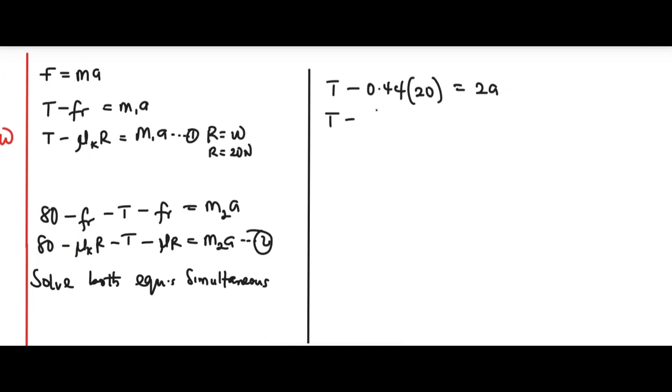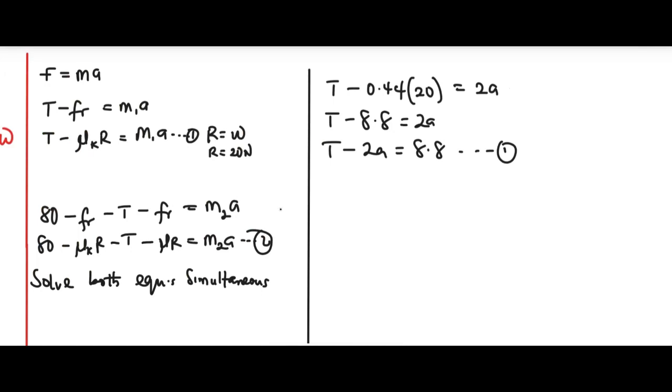So I have 0.44 times 20. That's giving me 8.8, right, equals 2A. So I can otherwise have this as T minus 2A equals 8.8. Bring this here, the sign changes, right? So that is my equation 1.